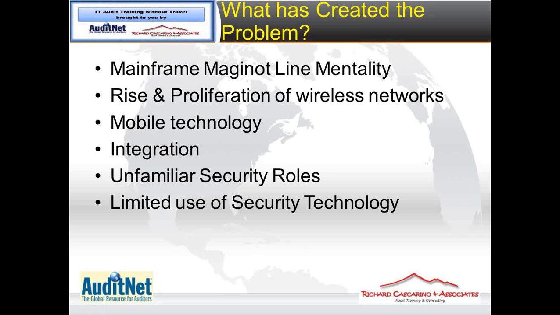We're using limited security technology. Most users use antivirus, some use anti-malware, and a few use firewalls. But how good are your firewalls? They're as good as they have been set up to be.